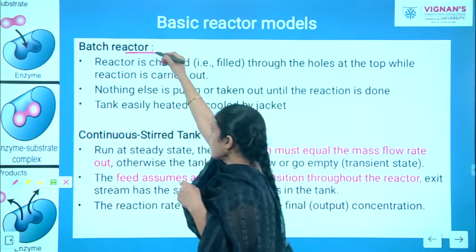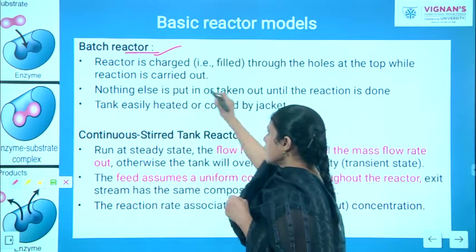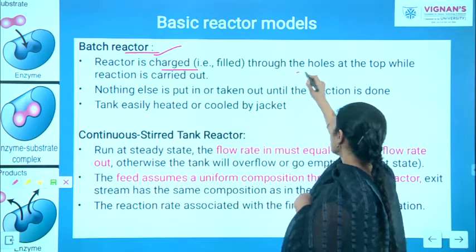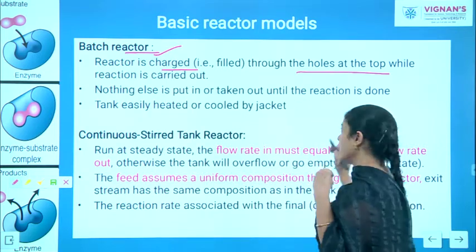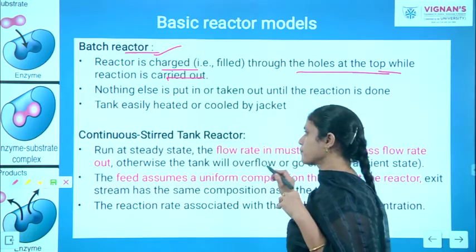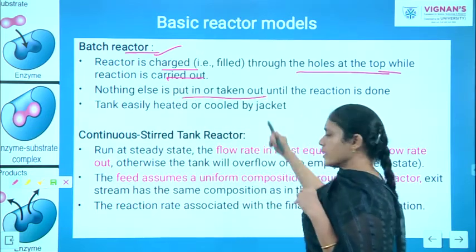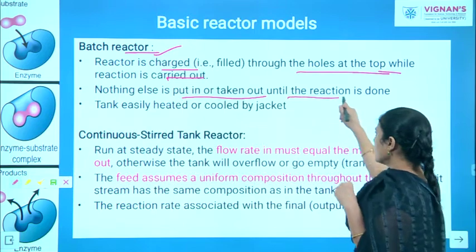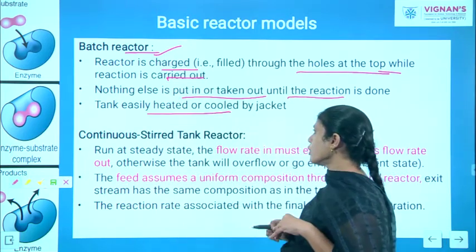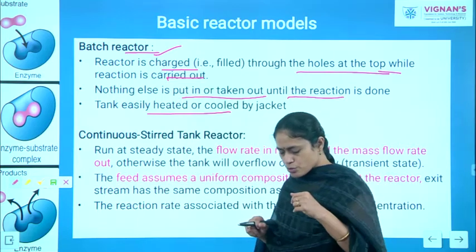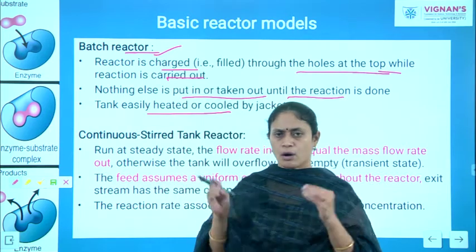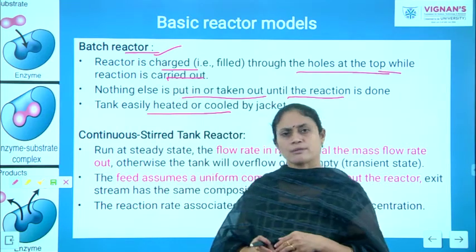So, in a batch reactor, the reactor is charged. That means the reactor is filled through the holes that are available on the top while the reaction is carried out. Nothing else is put in or taken out until the reaction is done. The tank is easily heated or cooled by a jacket. So these are the main features of your batch reactor.